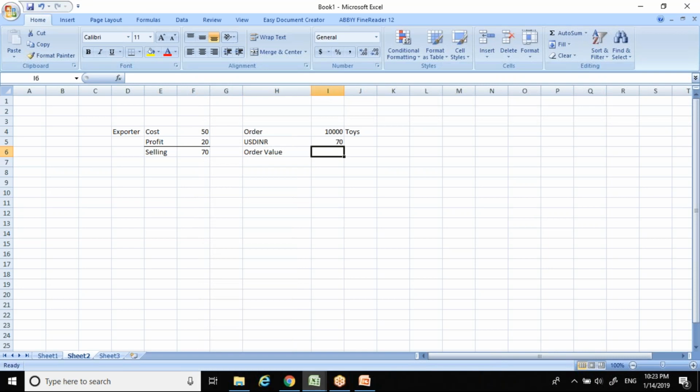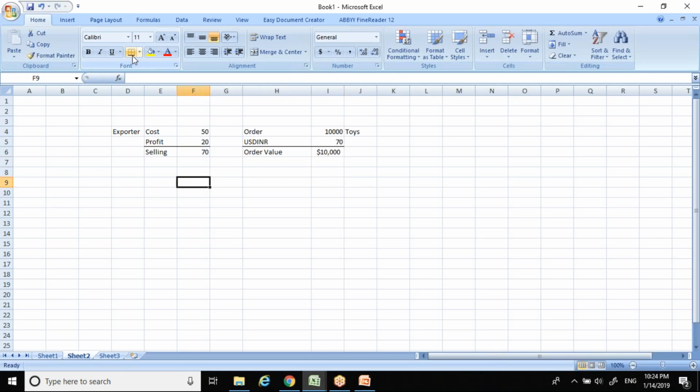In dollars, it will be around $10,000, and that will be the value of the trade or the export. This is the quotation the exporter will normally give the importer for 10,000 toys: $10,000, because per toy it is $1, as the USD INR price is 70.